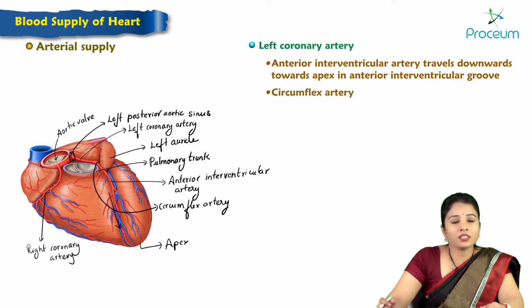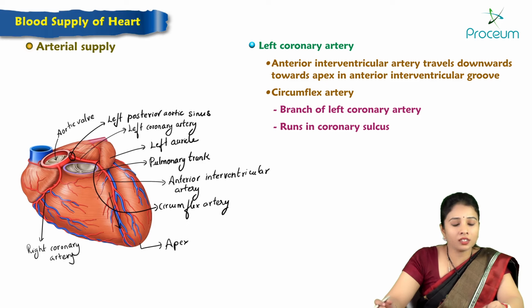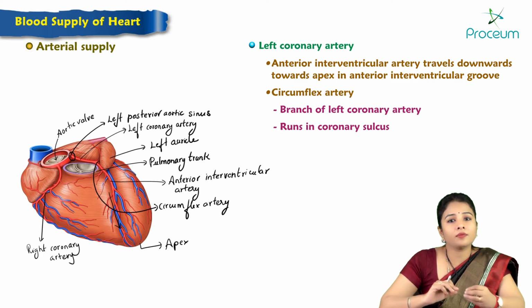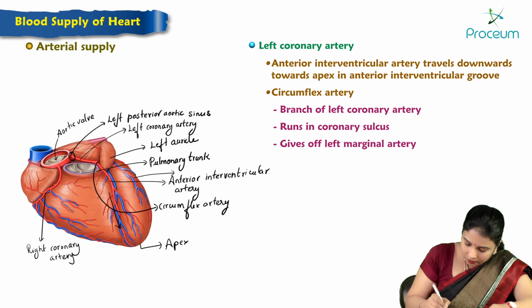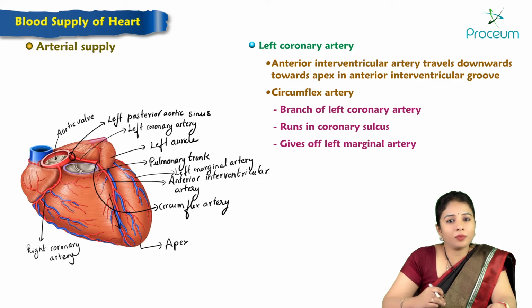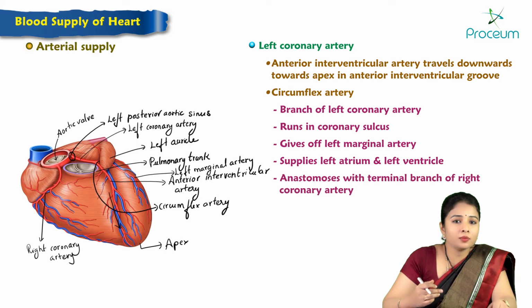Next, about the circumflex artery. The circumflex is a branch of the left coronary artery and runs in the coronary sulcus. It gives off the left marginal artery, which supplies the left atrium and the left ventricle, and it winds round the left border of the heart and anastomoses with the terminal branch of the right coronary artery.